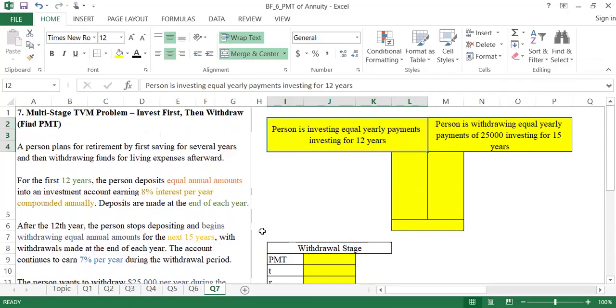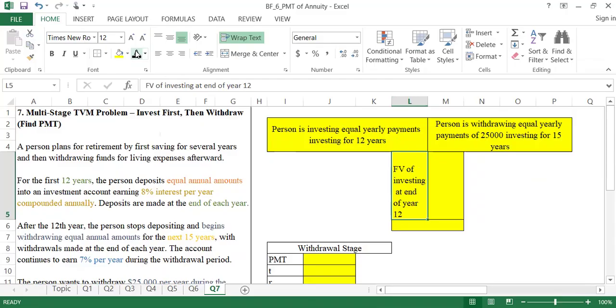Now, how much money can this person withdraw? It depends on how much money his original investments have grown to. So, in the first timeline, at the end of year 12, the future value of his investing is the amount of money he has that he can use.